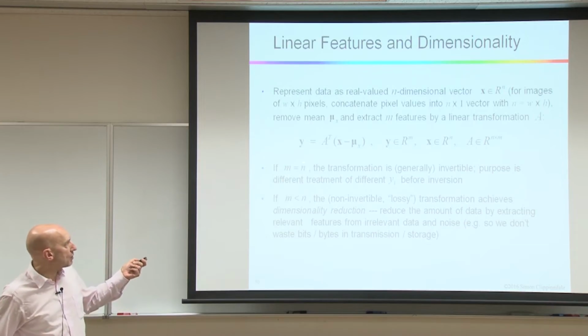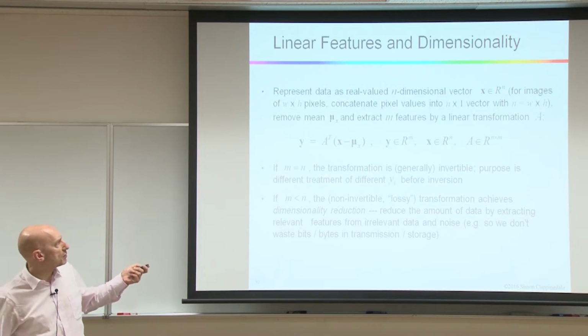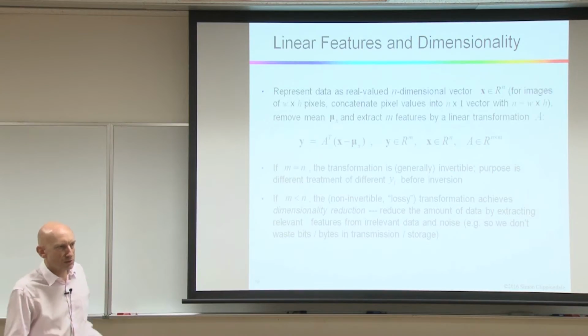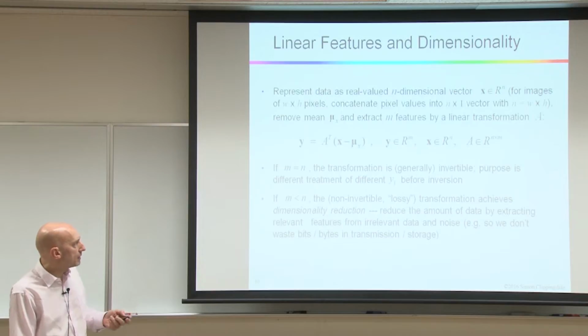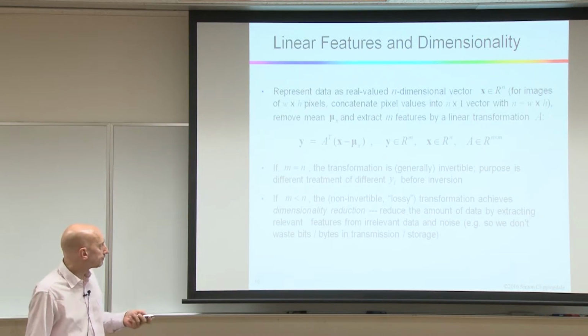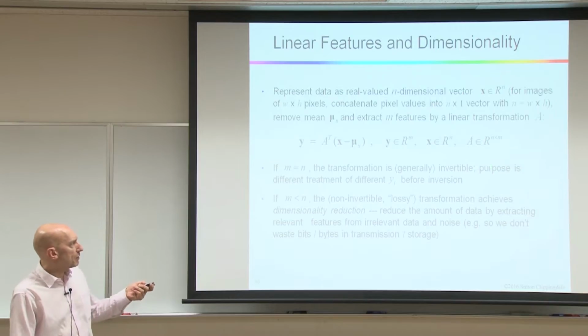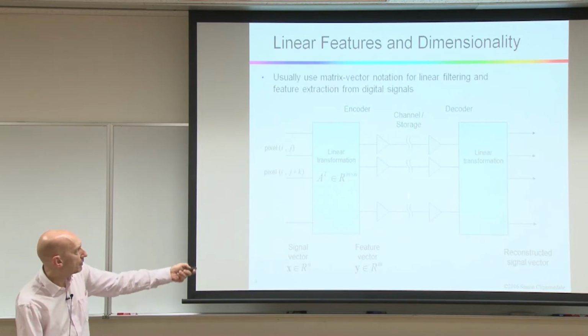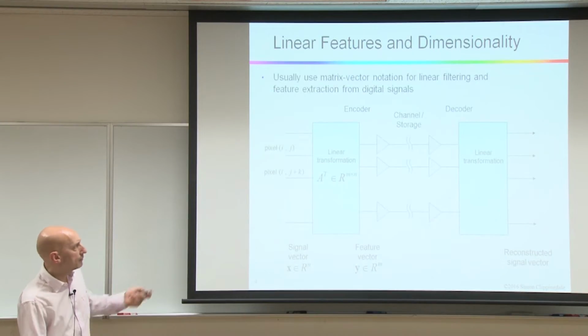So if that's a square matrix, then the transformation is usually invertible, which means you can, in principle, get your signal back again at the other end if you transmit all the information. And the purpose of doing that might be to treat the different components differently before reconstructing.